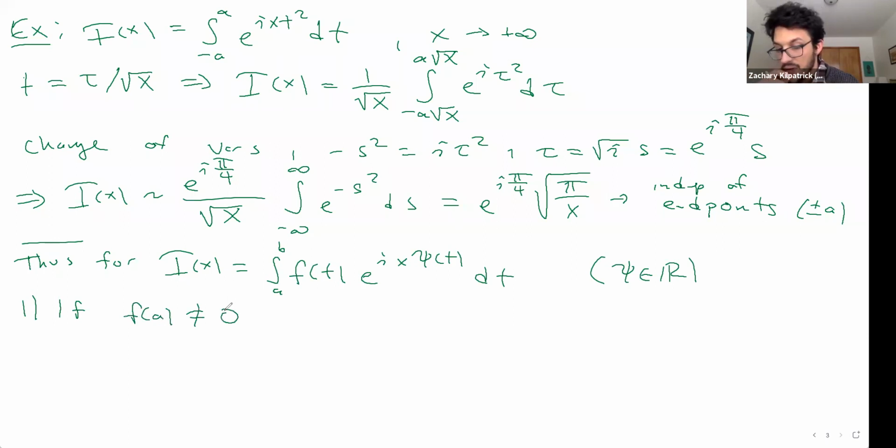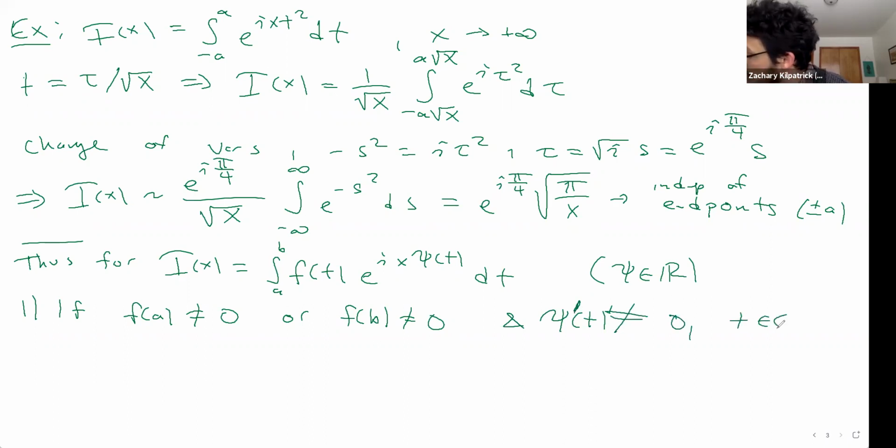Let's say that f of a is not equal to 0, or f of b is not equal to 0, and psi prime of t is not equal to 0 on our domain here.